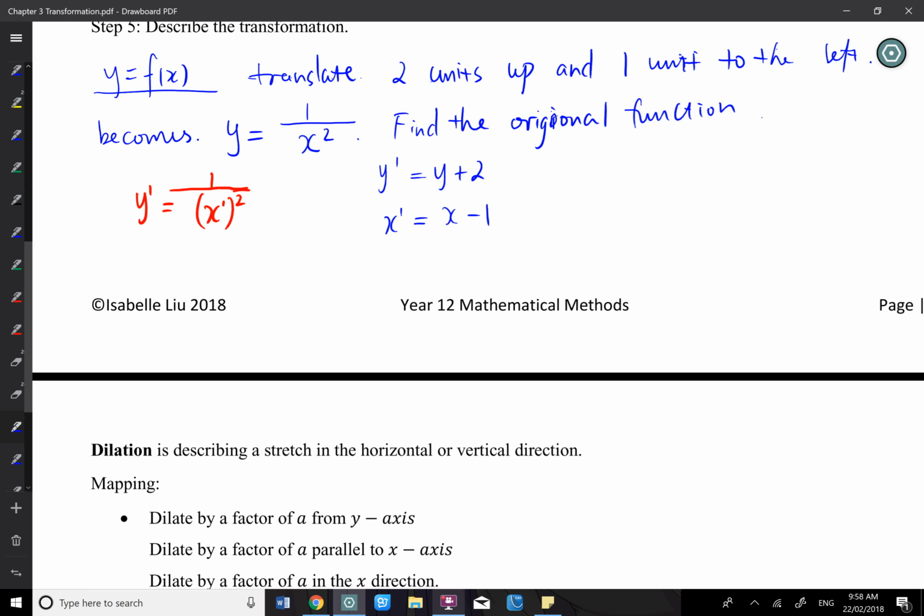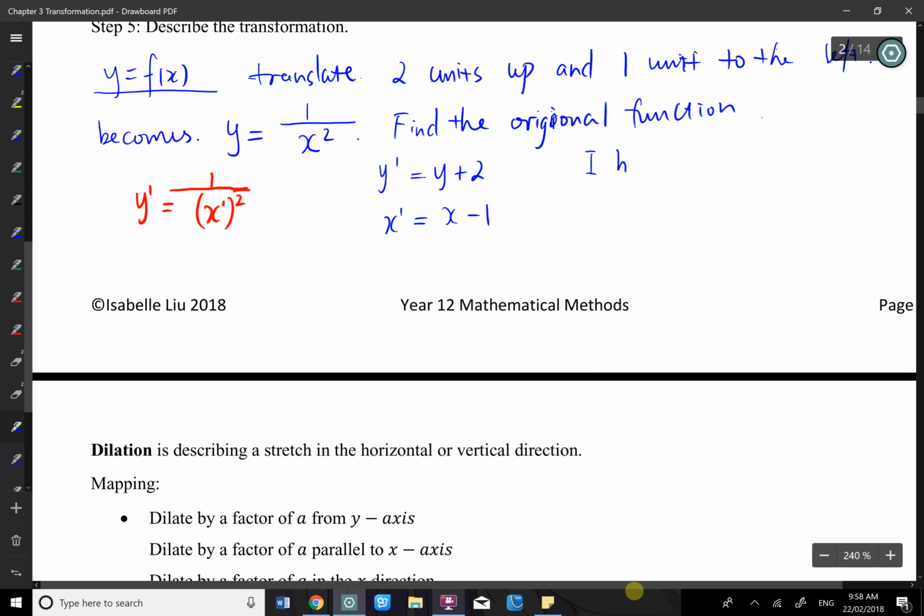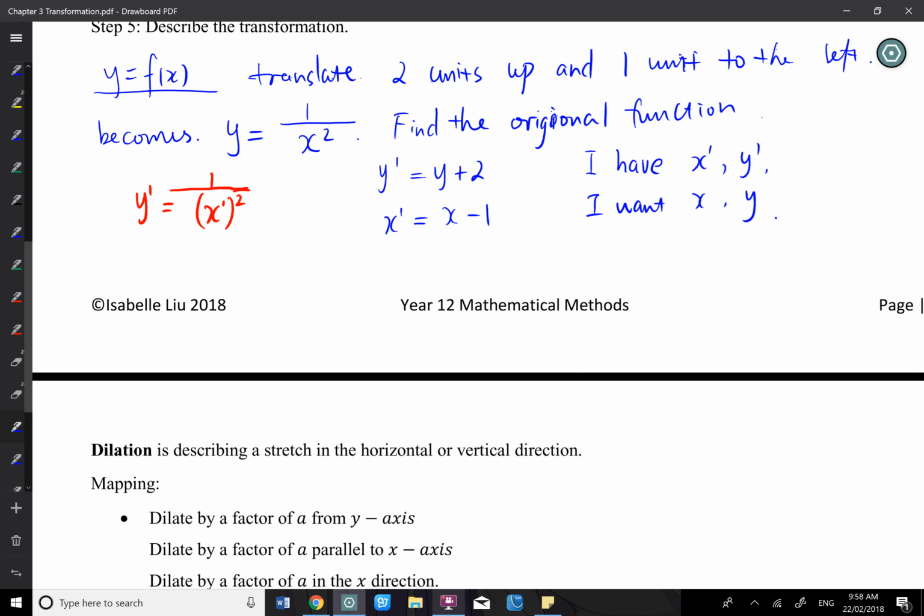Now it's different. What I have is x dash, y dash. I want x, y. So what I have, I will make that the subject. I will replace that with the other variable to make what I want. So x dash and y dash are already the subject. That's why I say it's an easy question.